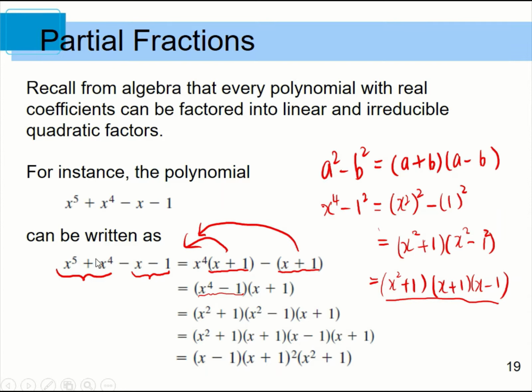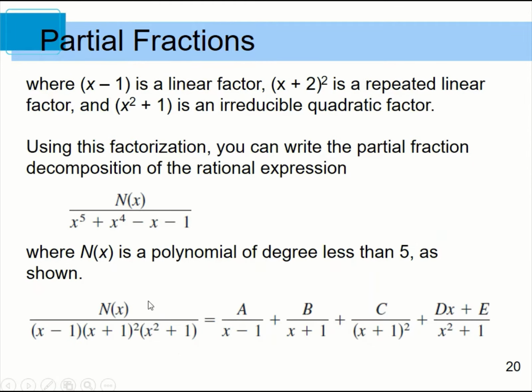So we can fully factorize into this. When it comes to the partial fraction, we can change the denominator into the factors, and now we have the partial fraction like this.